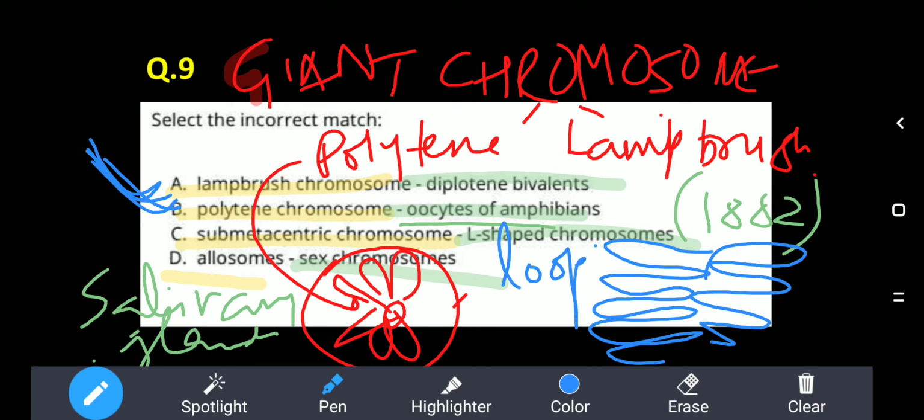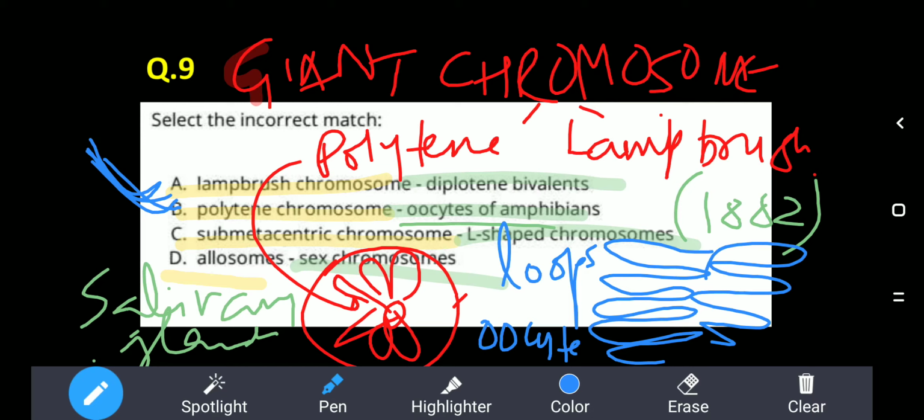Lampbrush chromosome is present in the oocyte of vertebrates, and it is also involved in lipid and yolk synthesis. Because it is involved in lipid and yolk synthesis, it is present in the oocyte.